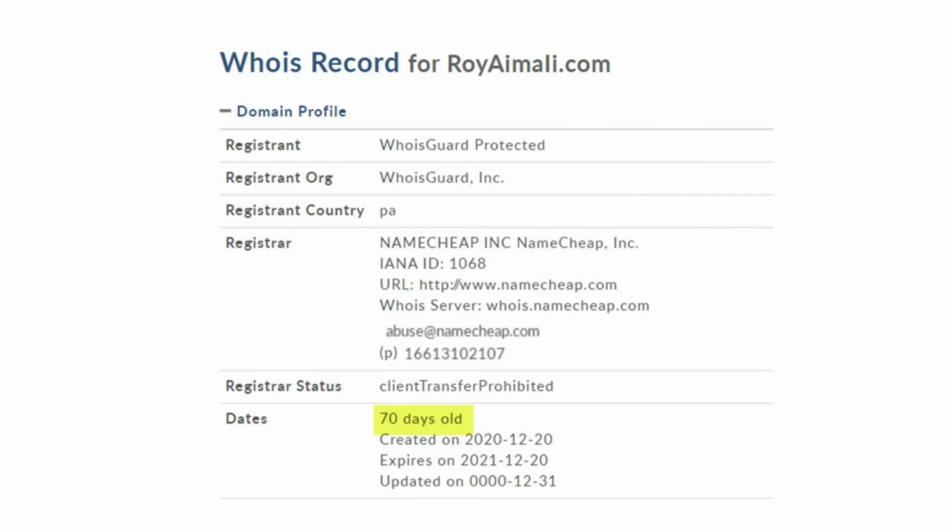Now, I took this screenshot a few days ago, so it'll be 70 odd days now. But my memory, if it's correct, seems to remember that Royal Mail was established in the 1800s. Was it 1860 something? I don't know, but it certainly wasn't 70 days ago. So you know for a fact that that is fake.